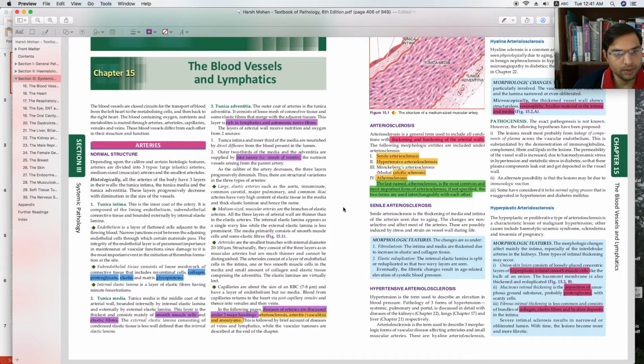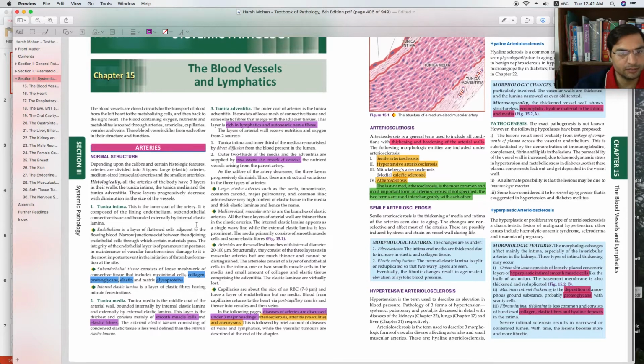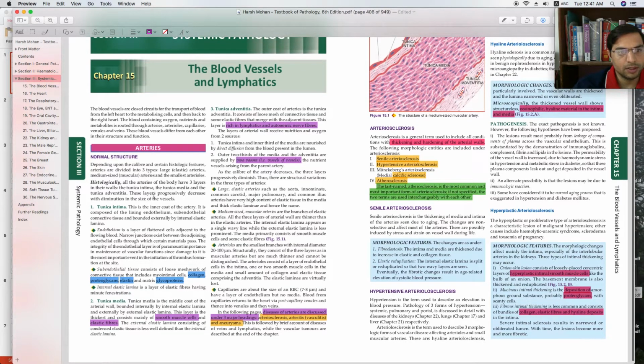Arteries are the blood vessels which carry oxygenated blood, right? And these arteries have three layers in their walls.